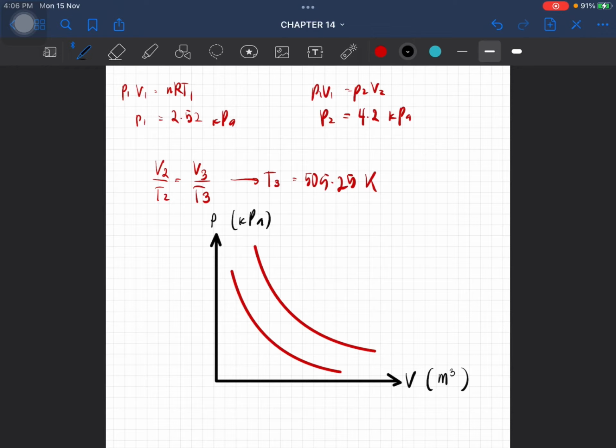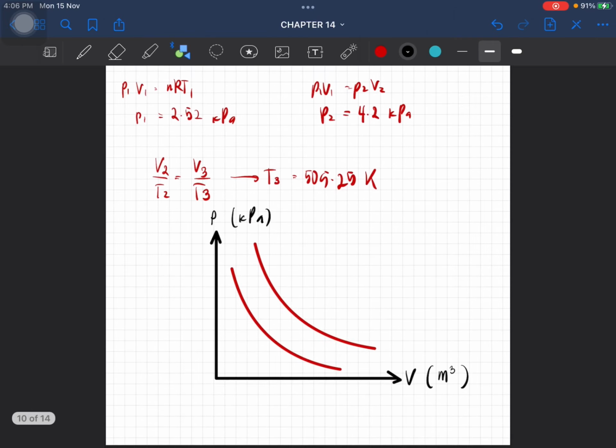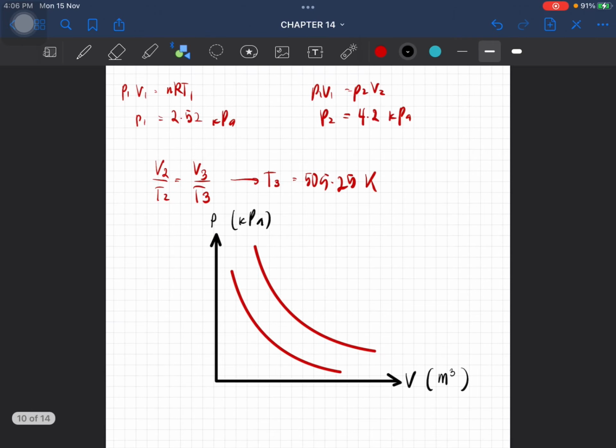First it starts at a volume of 0.5. So 0.5 is somewhere here.